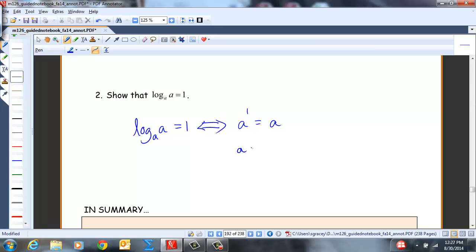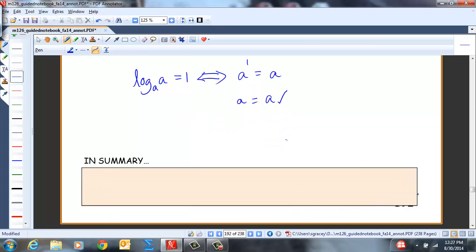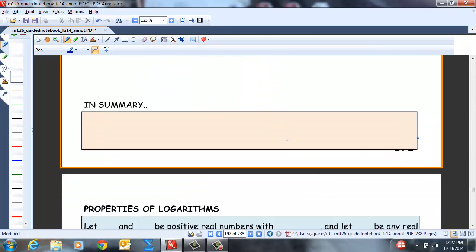So a does indeed equal a. And we have shown these two properties. So in summary, what have we found? We found that log base a of 1 is equal to 0 and log base a of a is equal to 1.